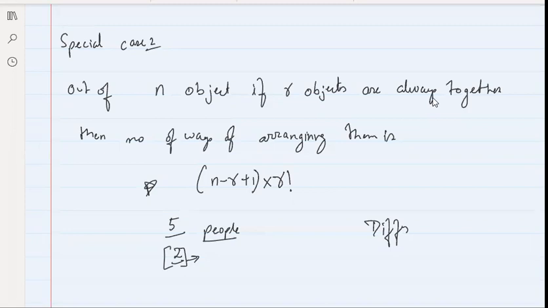Then tell me how many groups can be formed? 5 minus 2 is 3, plus 1, so these 4 groups can arrange themselves in 4 factorial ways, into 2 factorial, because these two can arrange themselves in 2 factorial ways.